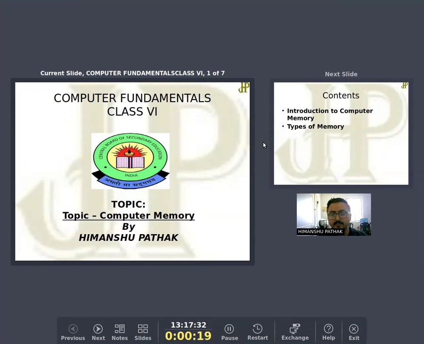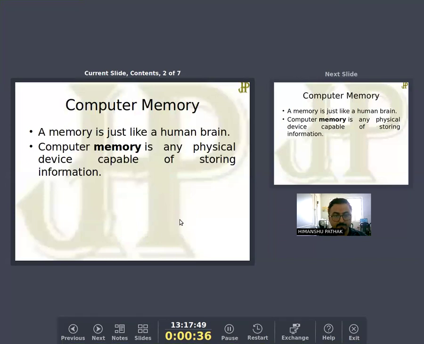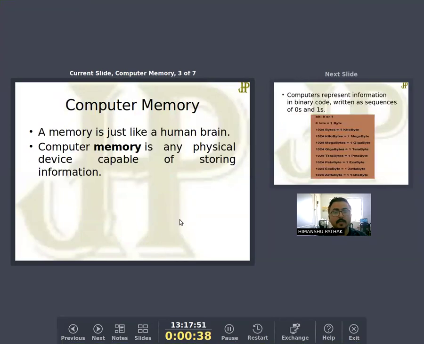In the previous classes, we learned about input devices and output devices. Today we will see the third basic part of computer, that is memory. So let's start. What do you mean by memory?